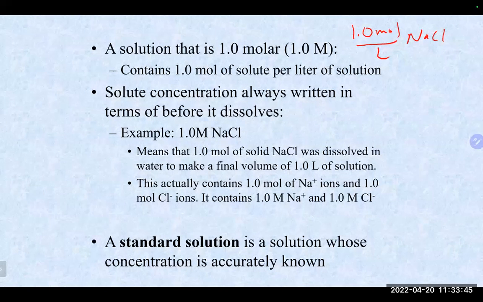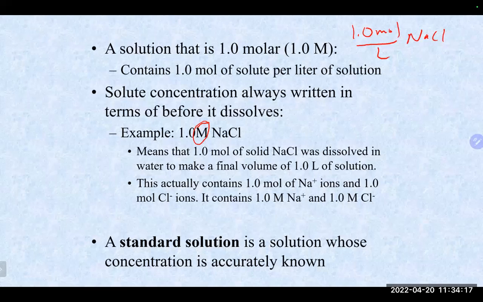I highly recommend you do that in calculations, because people leave the big M and have no clue where the liters, the volume, is. They forget about it. It's good practice to convert to moles per liter, so you can see both units and don't forget either one. It's a good way to do more of a dimensional analysis type calculation, where you can see the units cancel out correctly.